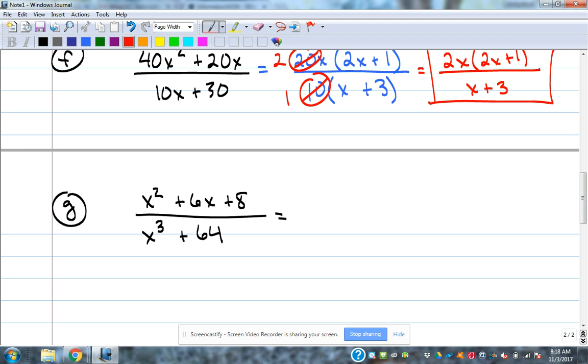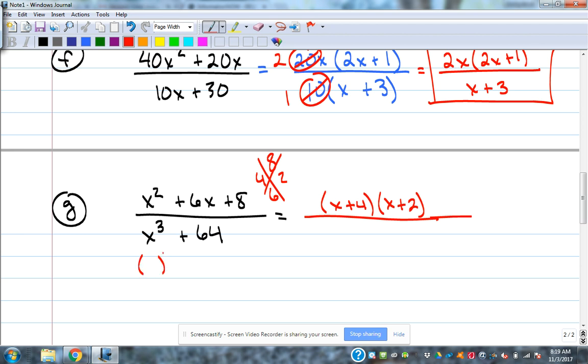So let's factor that. How does that trinomial factor? 4 and 2, multiplying to be 8, adding to be 6. That's 4 and 2. So it's x plus 4, x plus 2. The denominator, what is it?